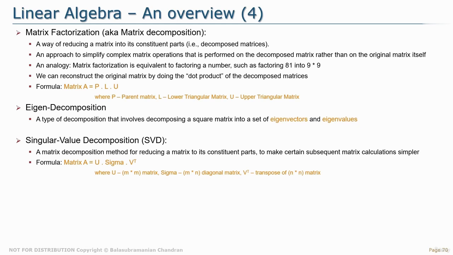The formula is matrix A is equal to U into sigma into transpose of V, where U is an M by M matrix, sigma is an M by N diagonal matrix, and V power T is the transpose of an N by N matrix.